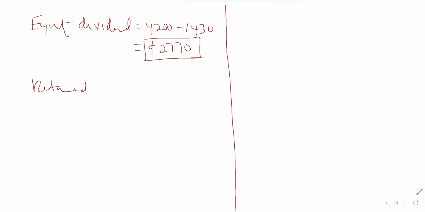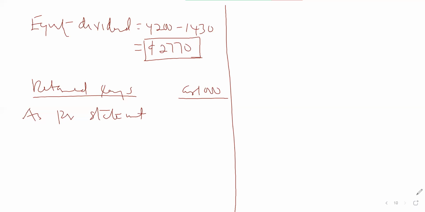So we now take our retained earnings figure. I will show you two ways of getting this one. You can start with the reporting figure as per statements. What was the retained earnings figure given to us in the statement of financial position? It is 36,109.